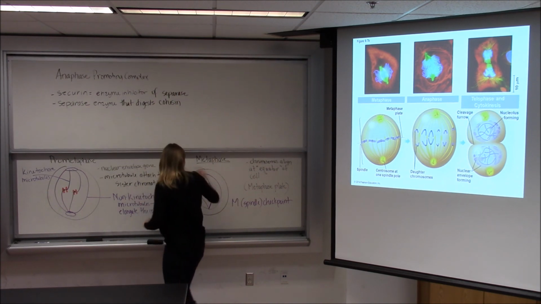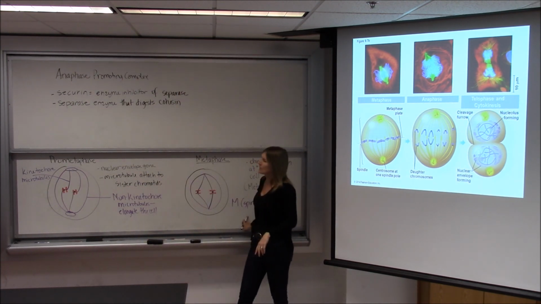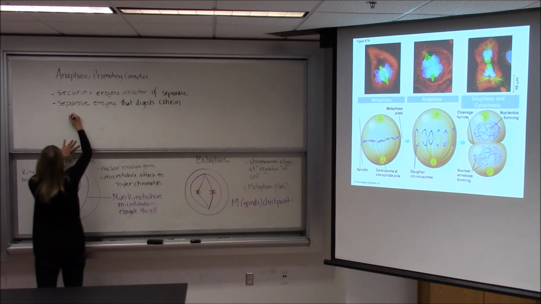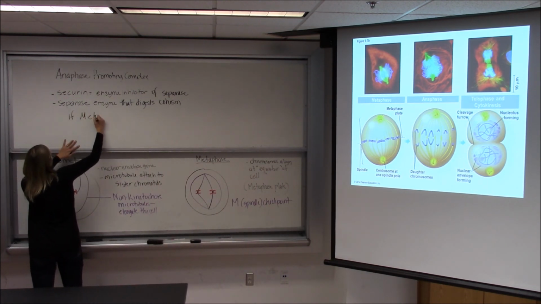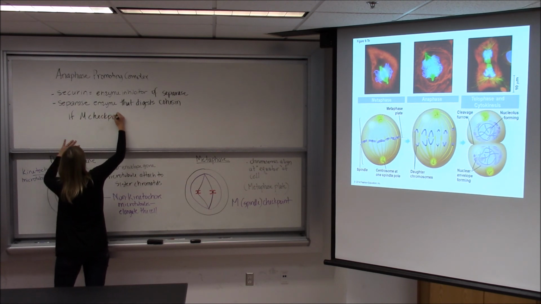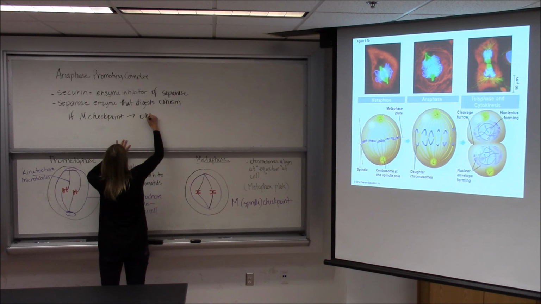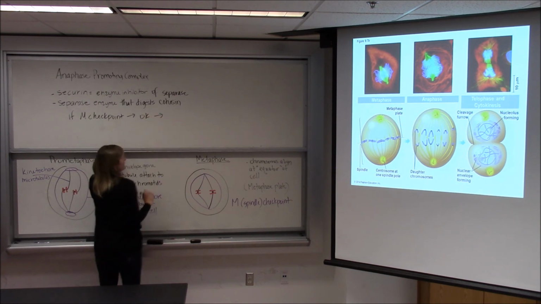So what happens is we have this M checkpoint. If everything's okay, then we're going to go through this cascade of events.